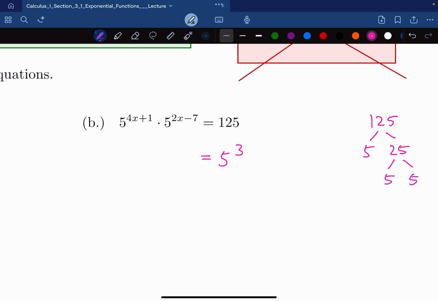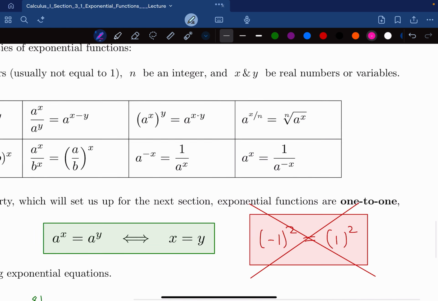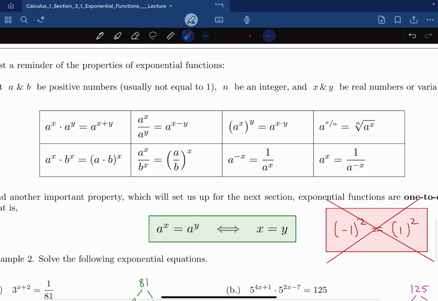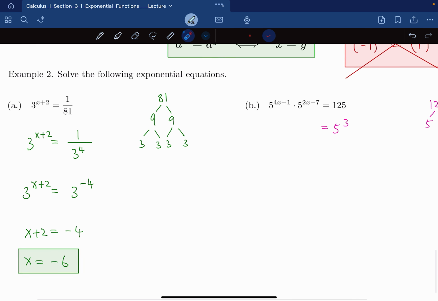The problem here, though, on the left-hand side is that I have 2 powers of 5 multiplied together. So I can't just drop the powers of 5 right away. What I have to do is combine these 2 powers of 5 together, and I have to use this property. Same base, different power, we just simply add the powers together.